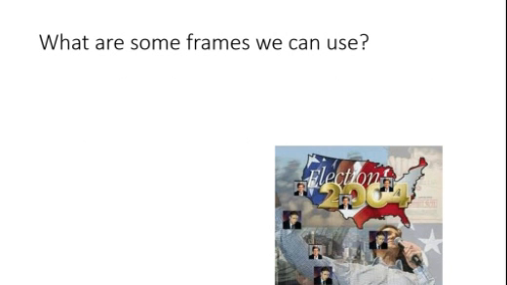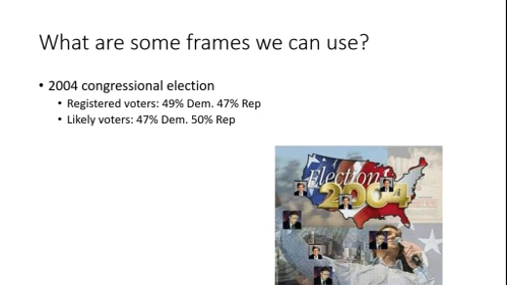So what are some frames that we could use for this? In previous elections, and anytime you see polling, you might see different ways that it's been done. Let's say we look at the 2004 congressional elections. Registered voters there was about 49% Democrats, 47% Republicans. So that's taking a population of people that could vote, shrinking down even more to just registered voters.